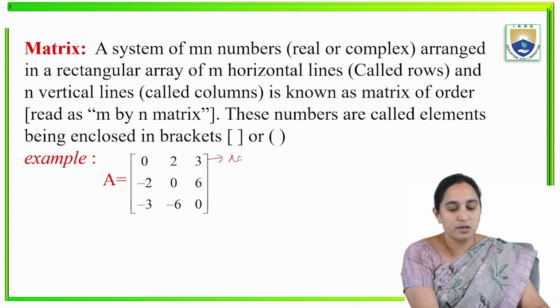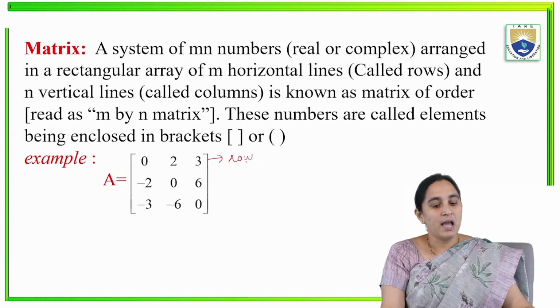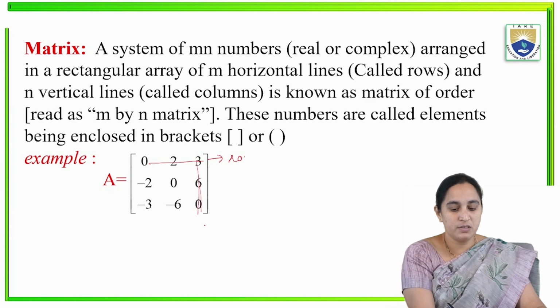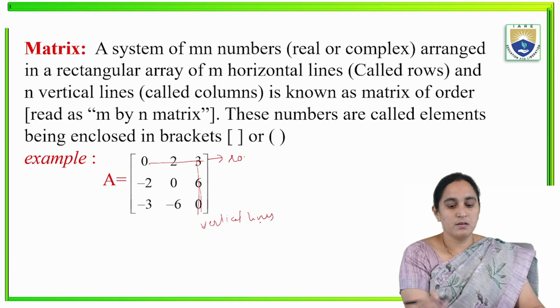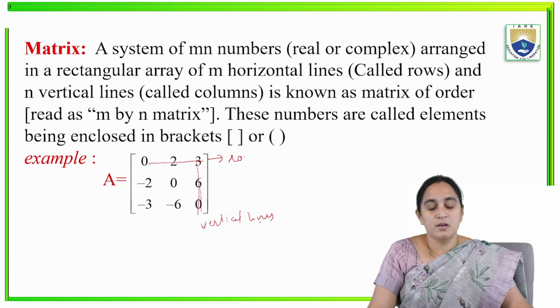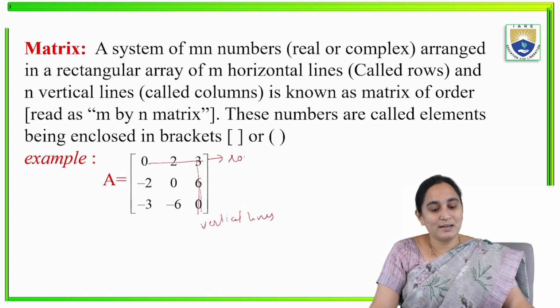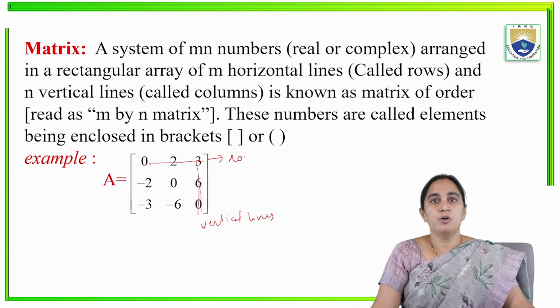These are rows, horizontal lines, and n vertical lines, called columns. We have to arrange the numbers, either real or complex numbers, in a rectangular array of m horizontal lines and n vertical lines, known as a matrix.